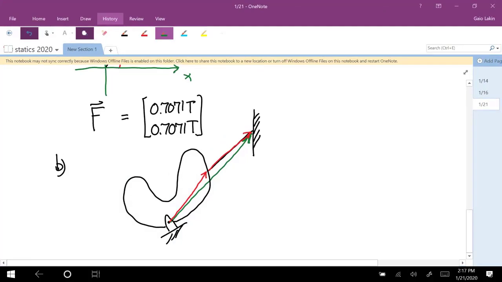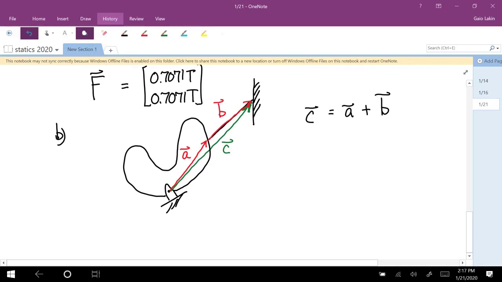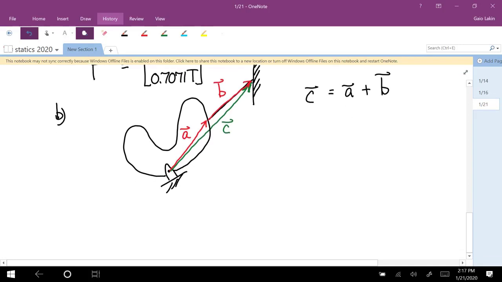So I'll write this as, if I call this vector A and this vector B, and the green I'll call vector C, then C, the one we're looking for, is A plus B. Well, A we can figure out because we have coordinates for those two points.